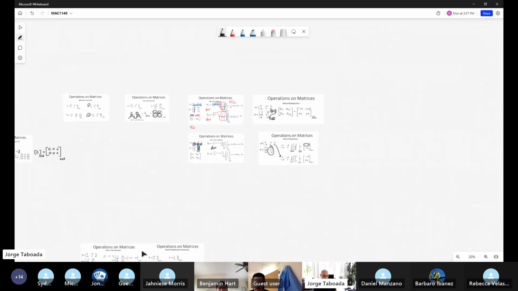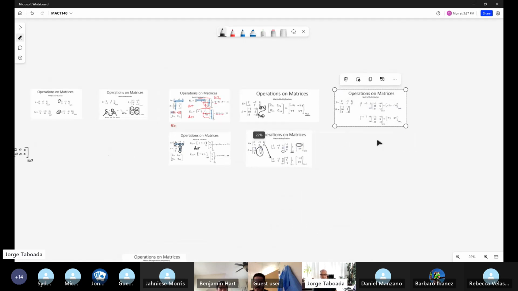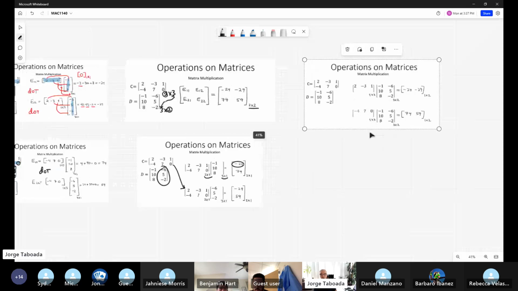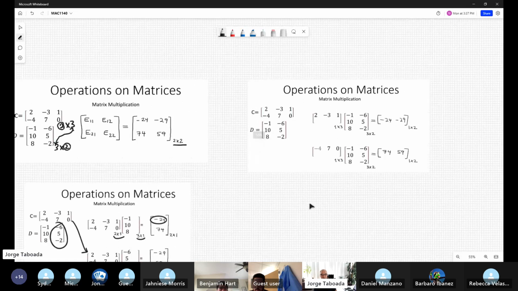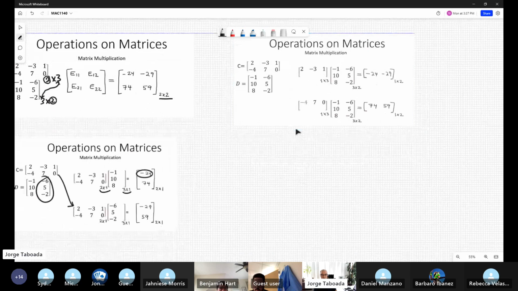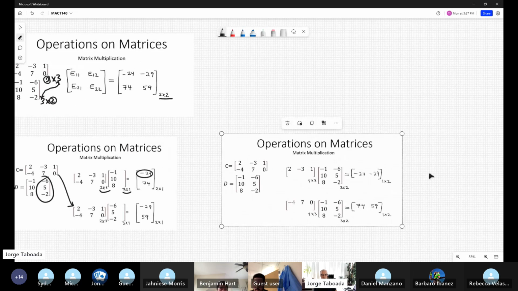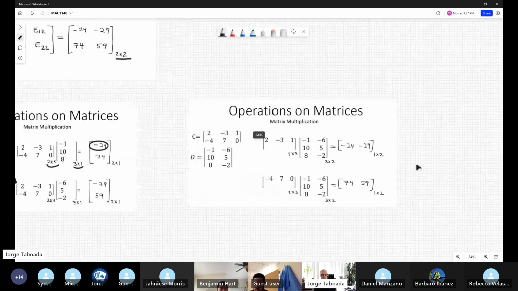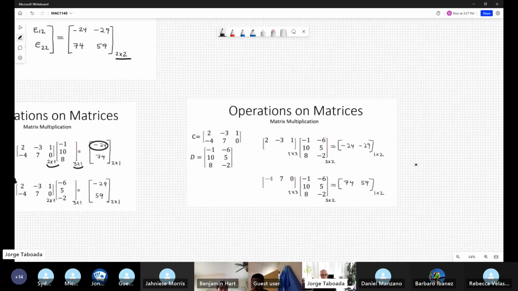Let me analyze another possibility, a different organization. Suppose now I take rows. I take row number 1 of C and multiply it by the entire matrix.